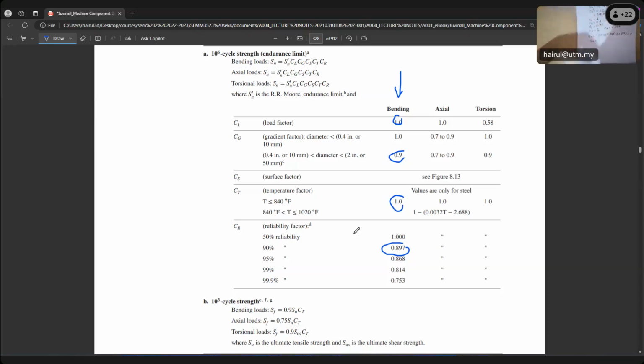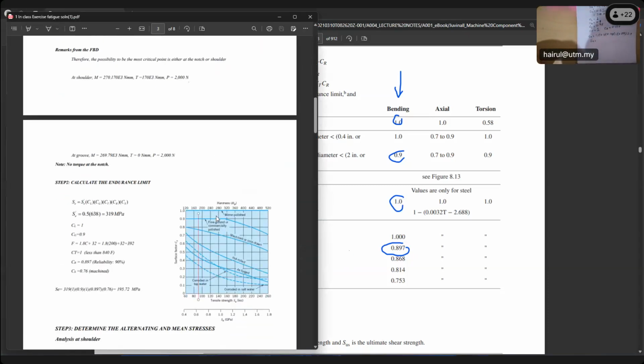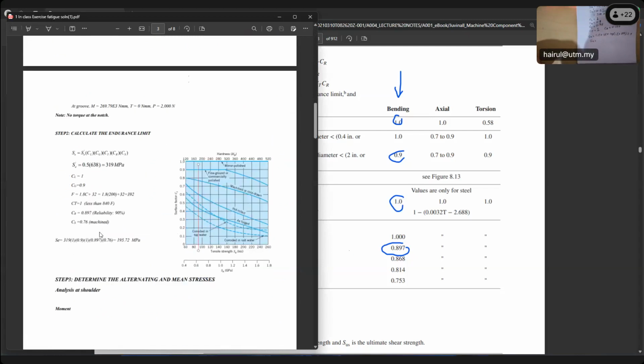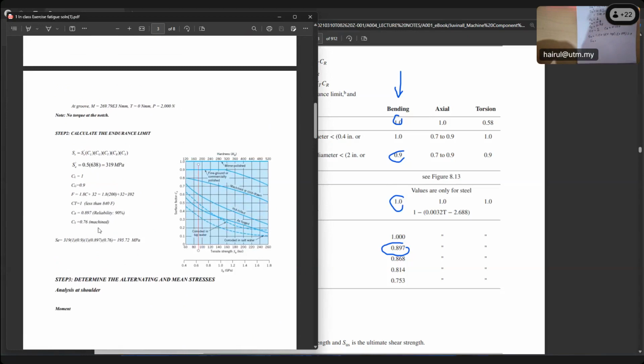So what is the value? Calculate. In the solution it says 0.76.